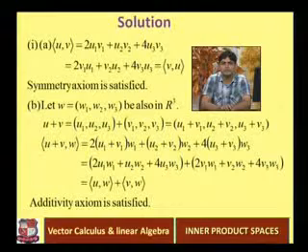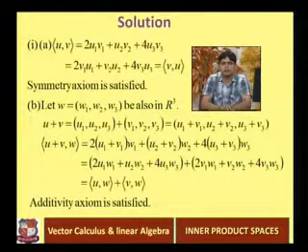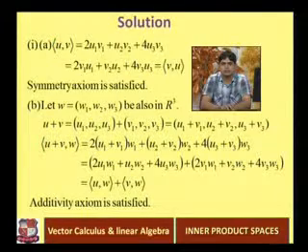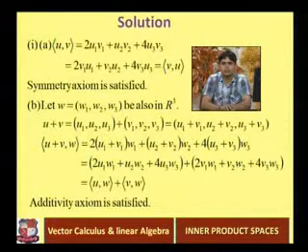Now we simplify this equation, we get 2 times u1 w1 plus u2 w2 plus 4 times u3 w3, plus 2 times v1 w1 plus v2 w2 plus 4 times v3 w3. So the first term is nothing but the inner product of u comma w, and the second term is obviously the inner product of v comma w.